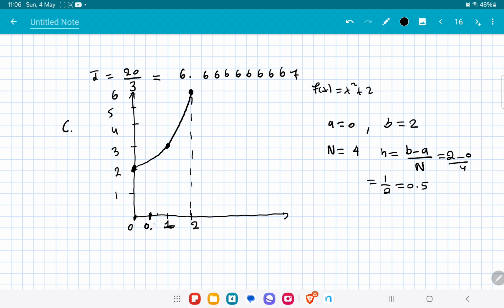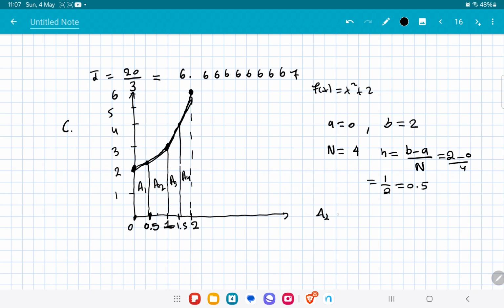So I have 0.5 here, 1.5 here. So I'm going to split it into 4 trapezia. I have A1, A2, A3, A4. So I have to calculate each area of the trapezia.